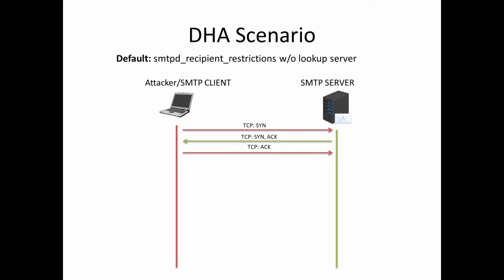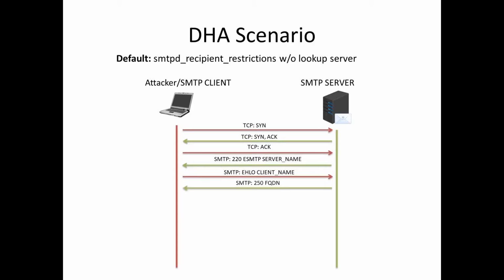After that, the SMTP protocol starts. The server will post 220 greetings. The attacker will say, "Hello, my name is SMTP client." The server will say, 250, "Okay, here's my fully qualified domain name."